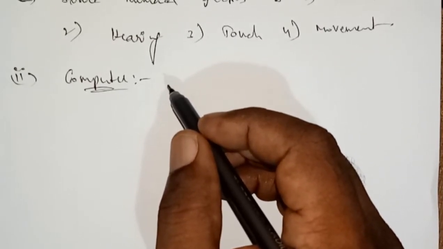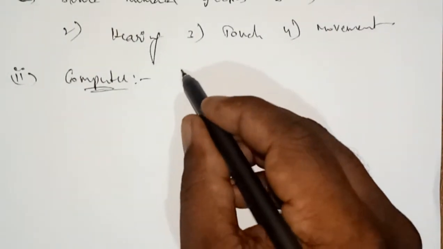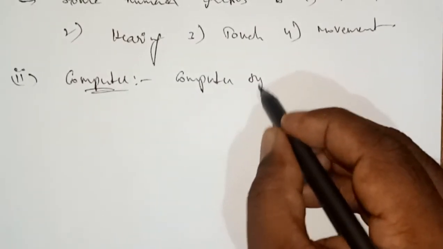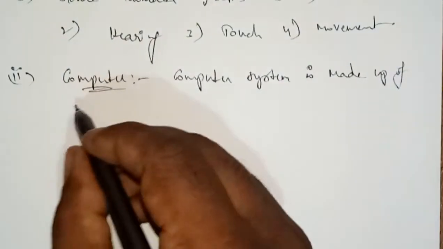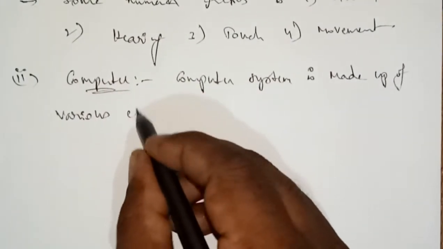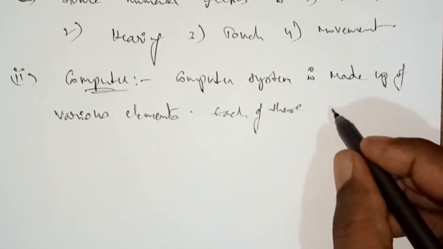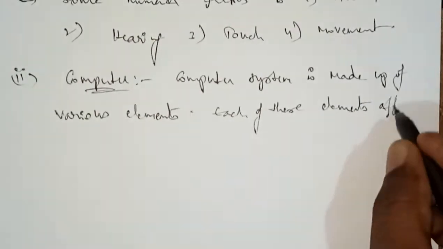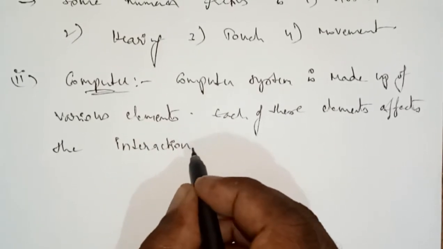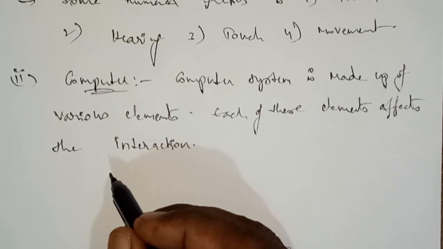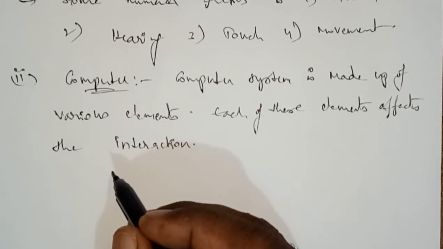A computer system is made up of various elements, and each of these elements affects the interaction, like input devices, output devices, virtual reality, etc. These are some of the elements.